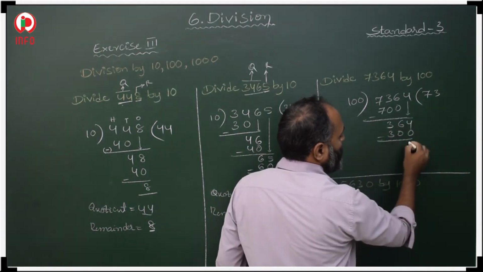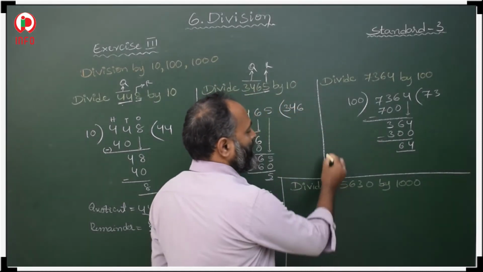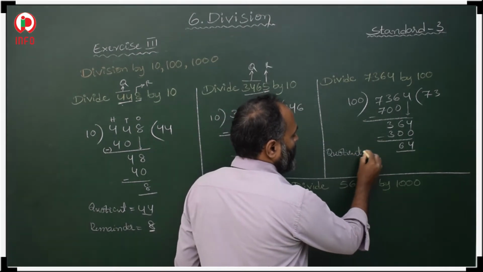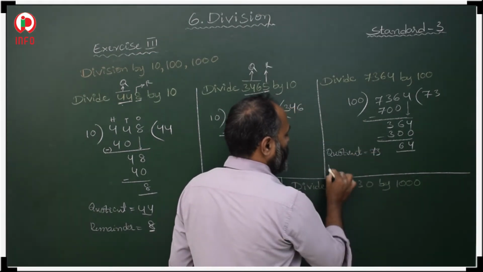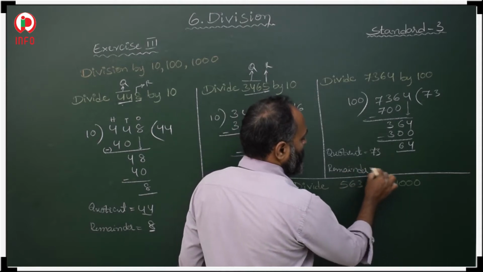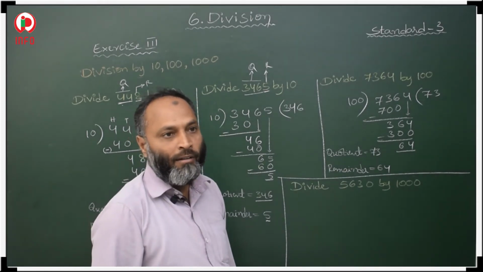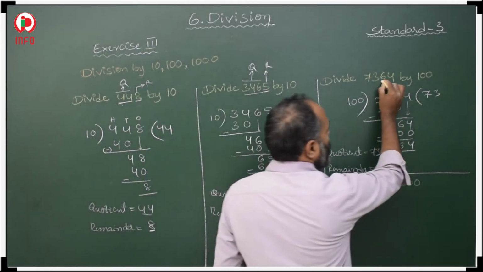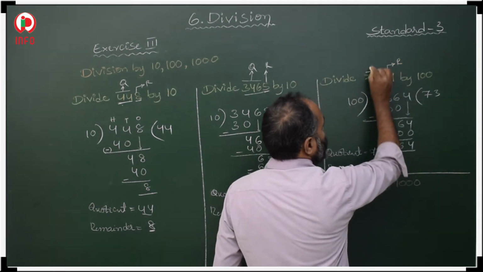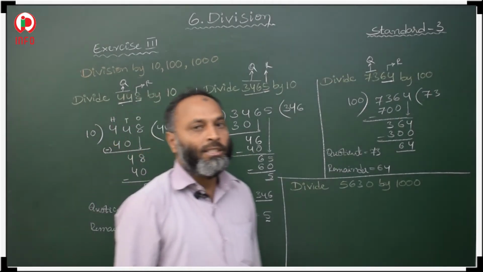So, minus, we have to take 4 and 6, 64. Then what is your quotient? Quotient is 73, remainder is 64. When you divide by 100, the last 2 digits are your remainder and the rest of the places are your quotient.